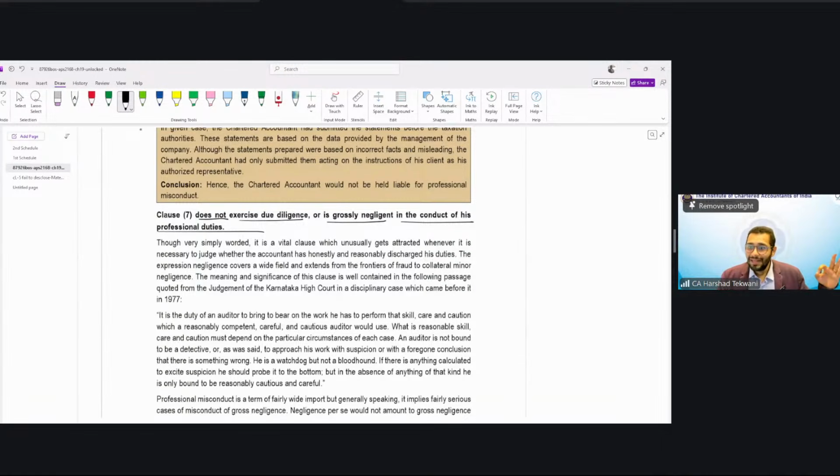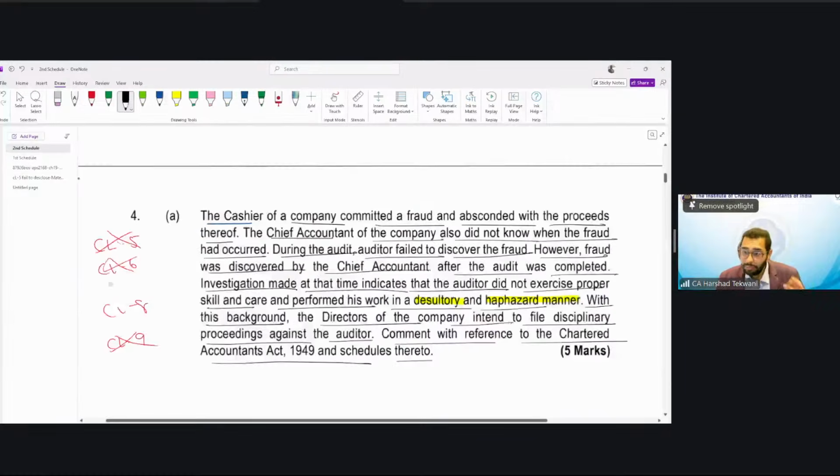So performance is there, but it is not appropriate. That's clause 7. Similar in our scenario. Performance is there, but that is not appropriate. That's why I will invoke clause 7 over here.